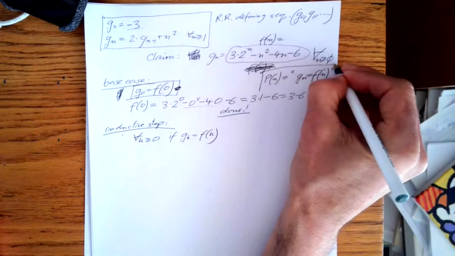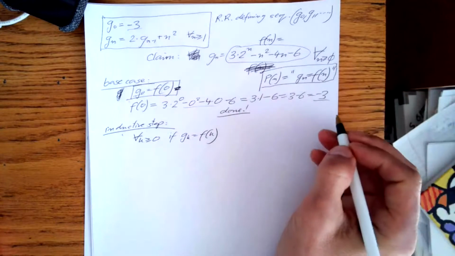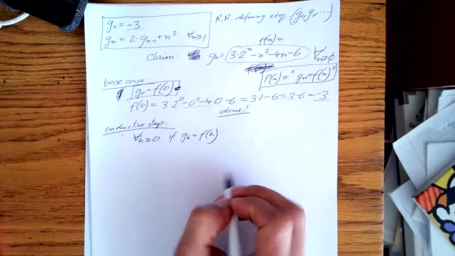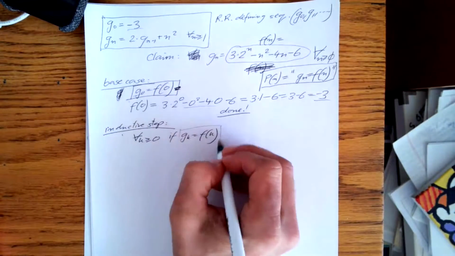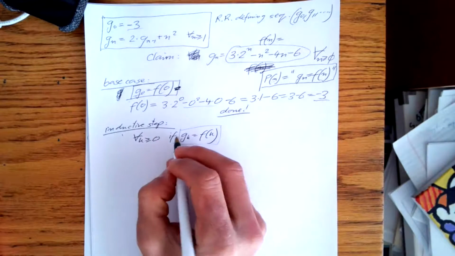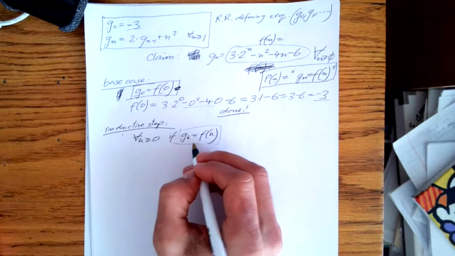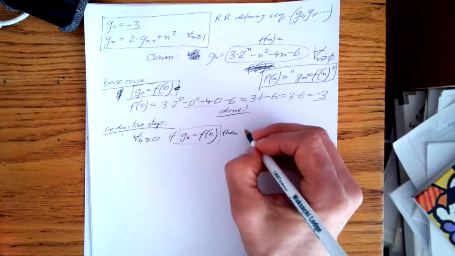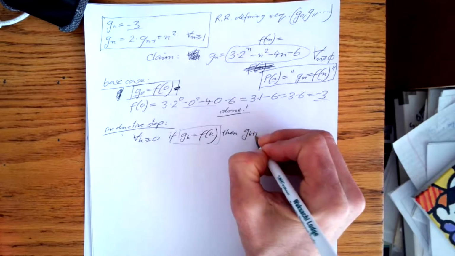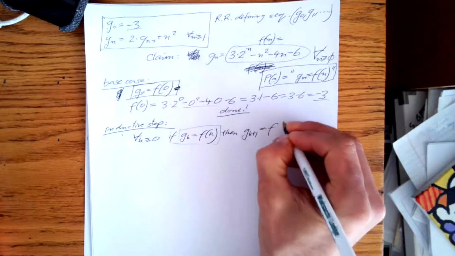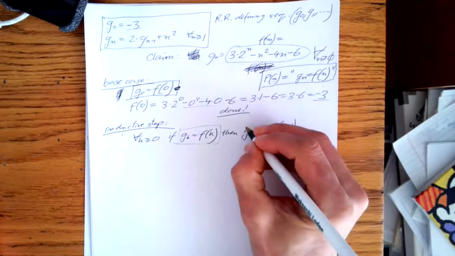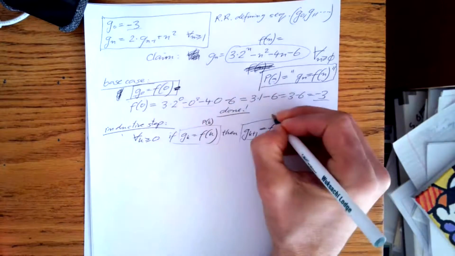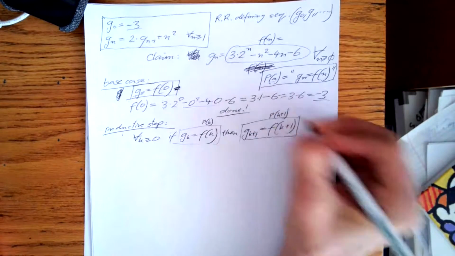That's the predicate we are proving for all n. So this is the predicate at point k, and if it holds at point k, then the same predicate holds at point k plus 1. In other words, the k plus first element in the sequence is equal to f at k plus 1. So this part is P of k, and this part is P of k plus 1.